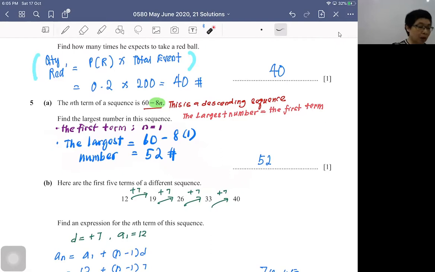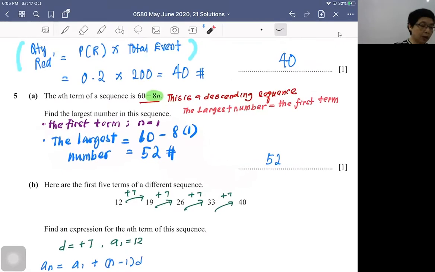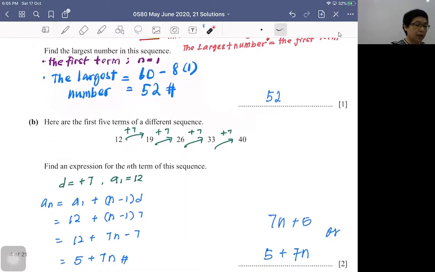In other words, if they are asking for the largest term, it has got to be the first term. So when n is 1, you substitute into the nth term, you get 52. That's it.